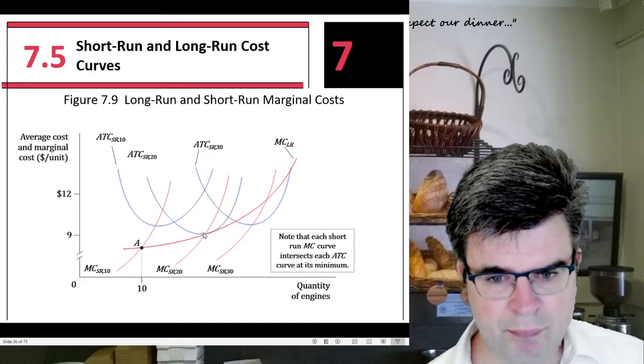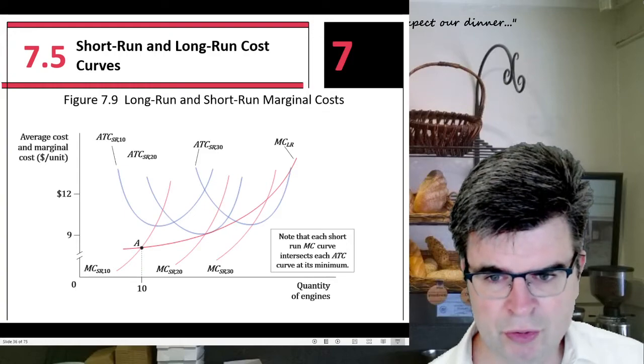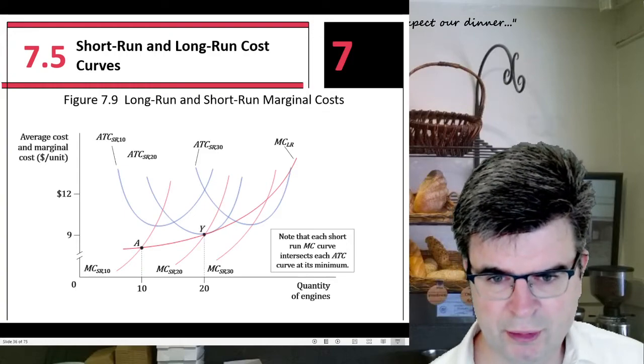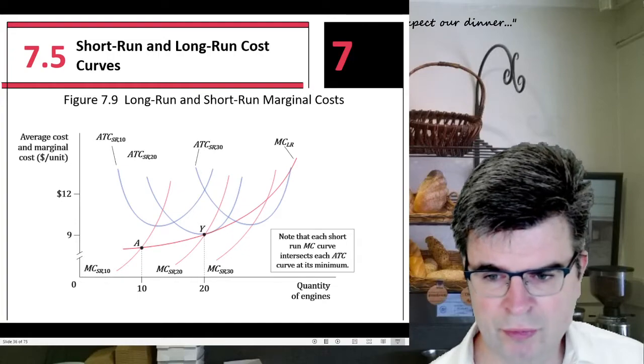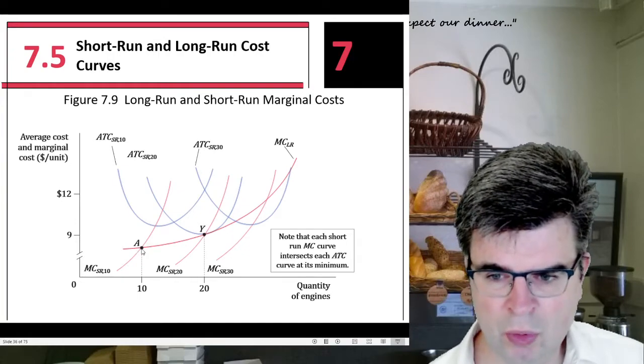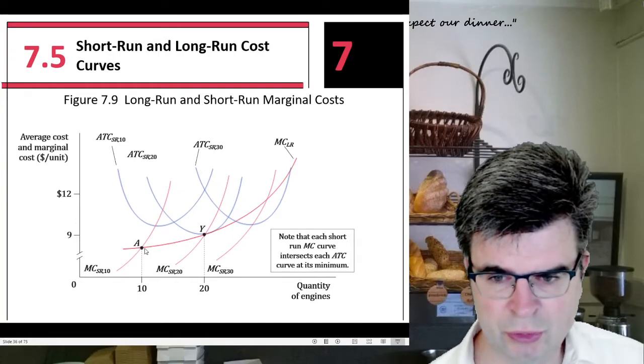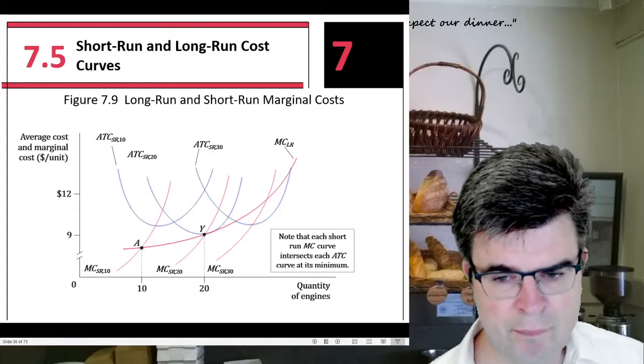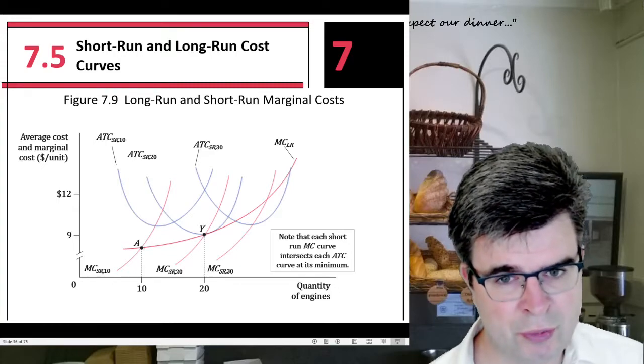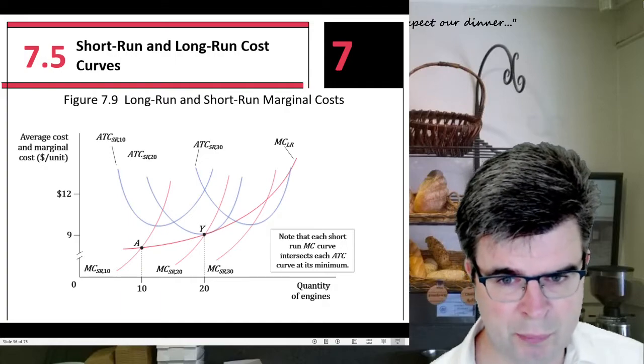So the marginal cost curve intersects the average total cost at its minimum. That's something that we have, and the long run average cost curve intersects also with the short run marginal cost curve at the optimal production output level.